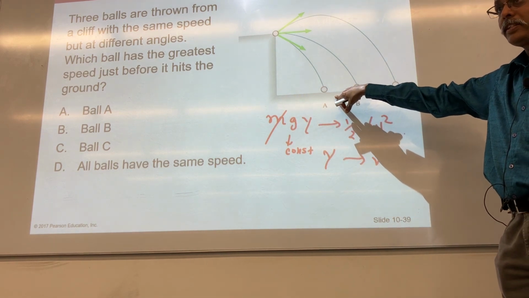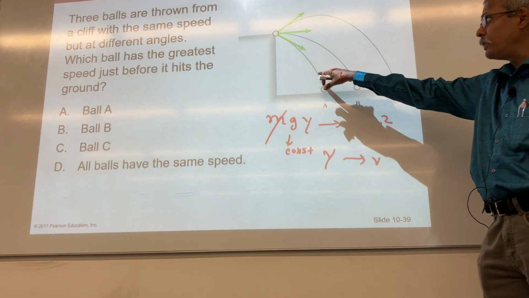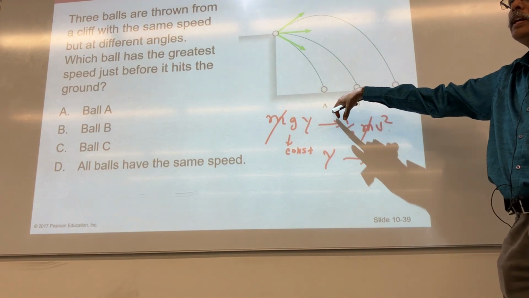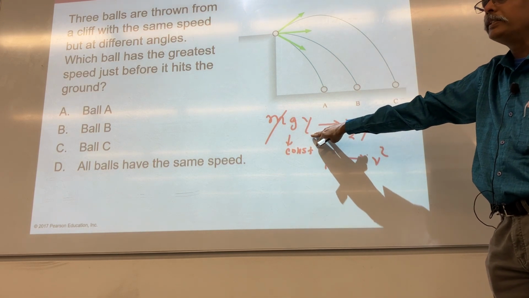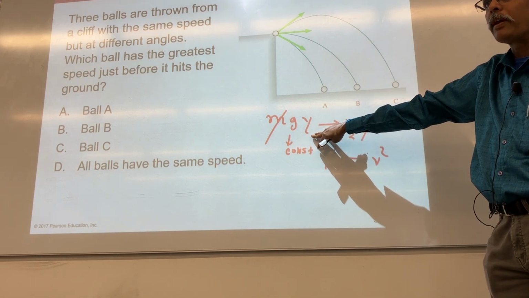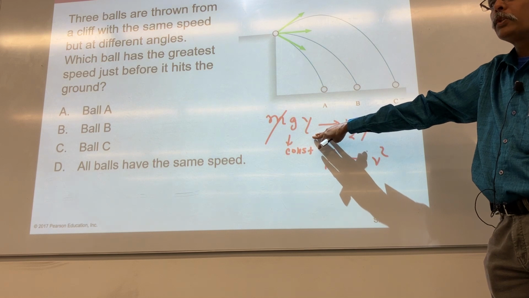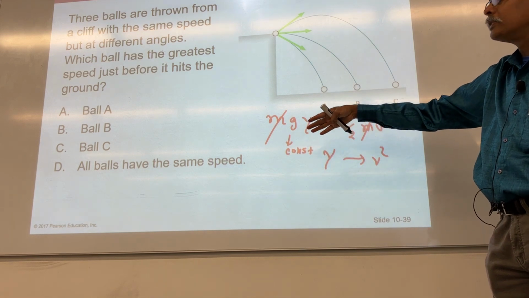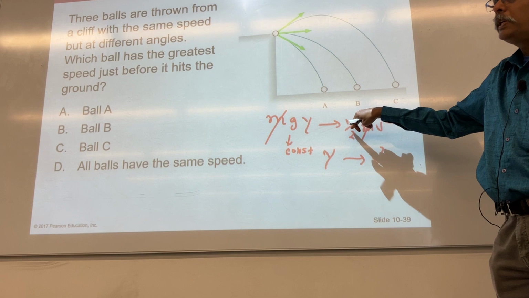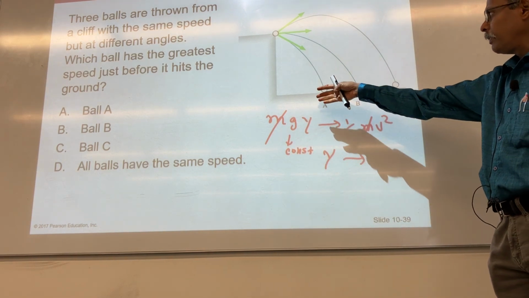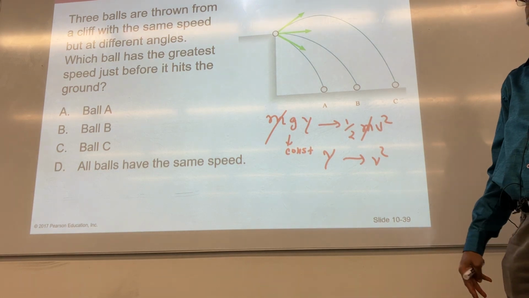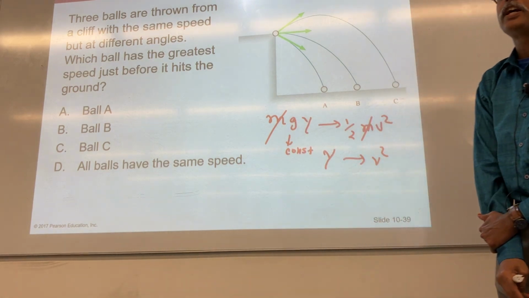If it is a range, then probably A is closer because the angle makes that. But we are talking about speed. The speed is governed by the height from which you are dropping. So even though you have three different angles, the speed will be governed by gravity and the energy transformation, because you want to have energy conservation.